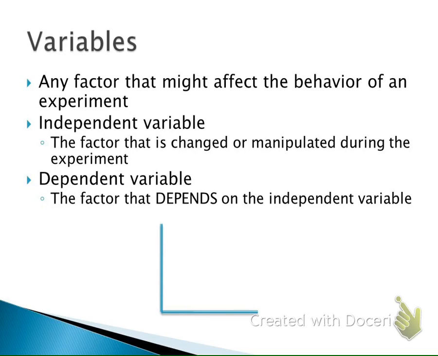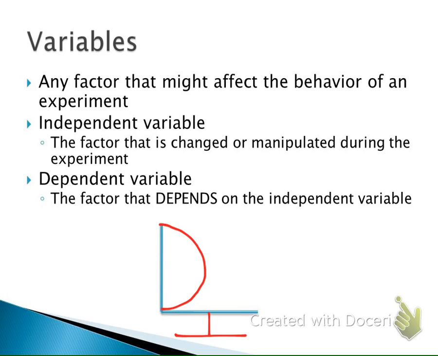So here is our trick for seeing which one is the dependent, which is the independent. The dependent variable sits on the y-axis, and the independent variable sits on the x-axis. You can take the axis itself and write those clues so that you remember.